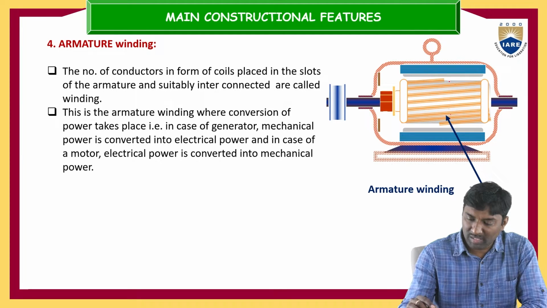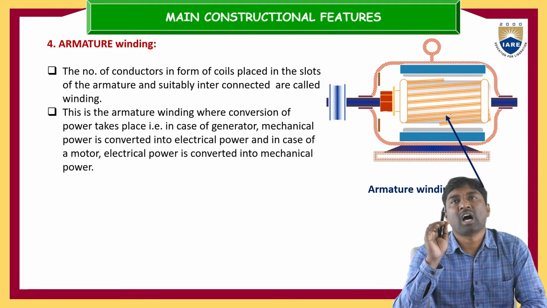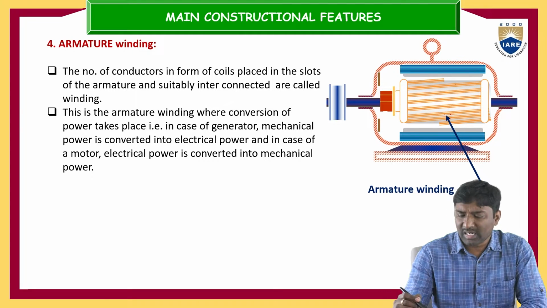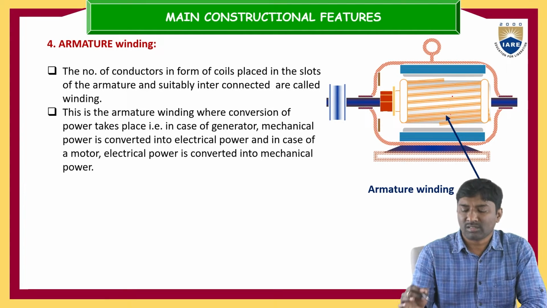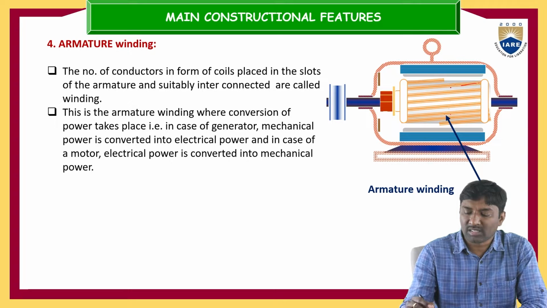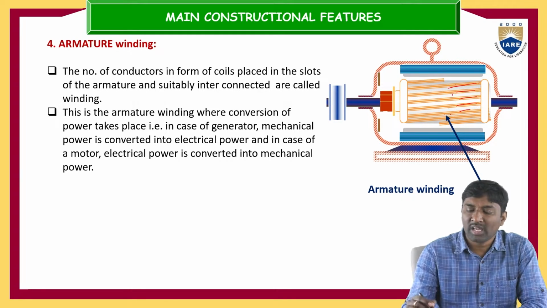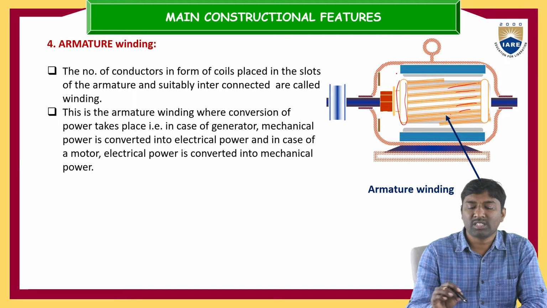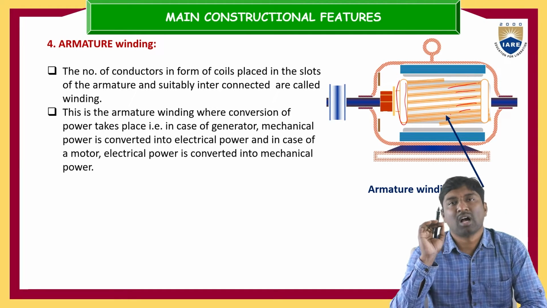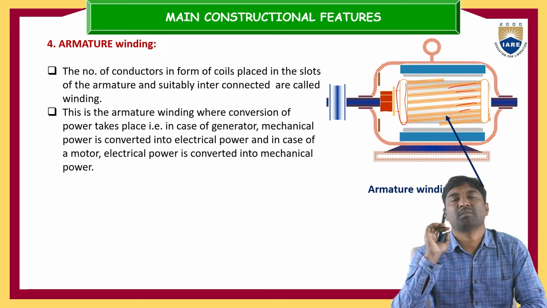These conductors are placed in the slots of the armature core and suitably interconnected, and this is called the winding. This coil, this coil, this coil are all interconnected here. This interconnection I am calling the armature winding.